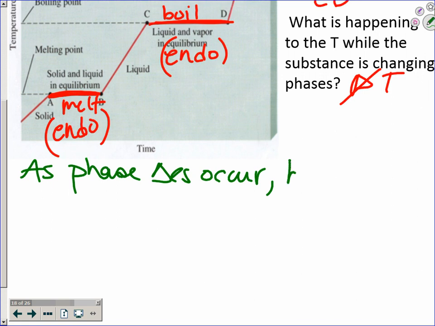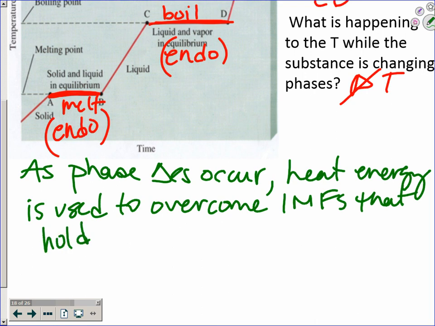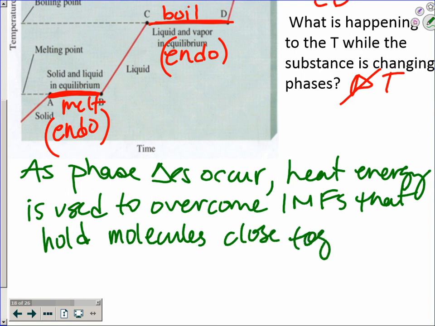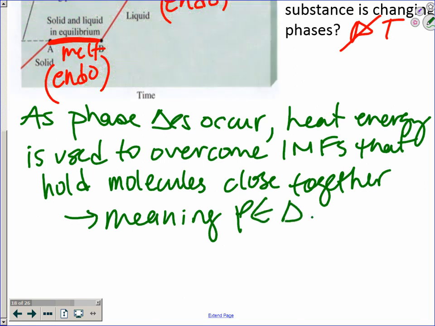As phase changes occur, heat energy is used to overcome IMFs that hold molecules close together. And that means potential energy can change, not kinetic energy.